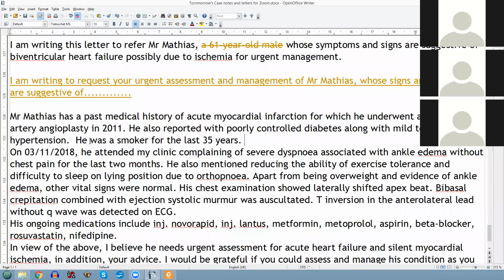So if you're going to write a sentence like this, right? How that sentence is now, to make it grammatically correct, you have to make it present perfect, okay?